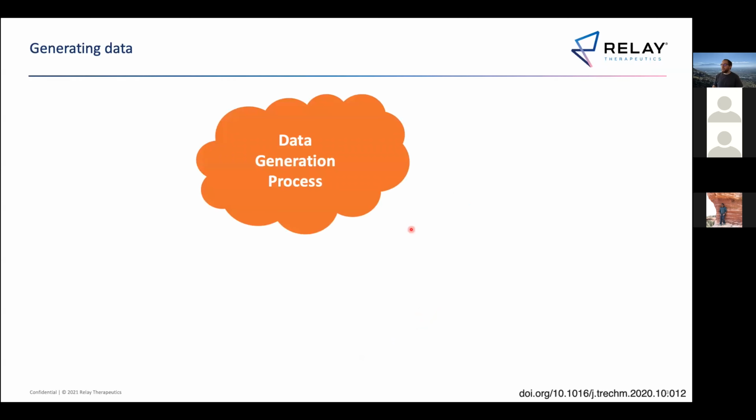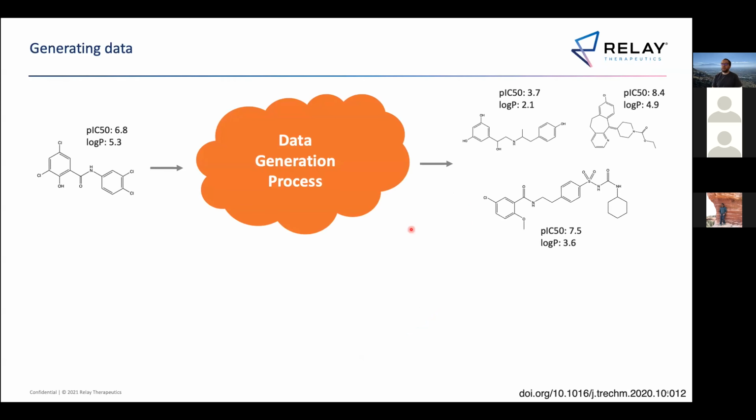So let's take a look at just a very generic data generation process. All I mean by this is that there's some black box, and labeled compounds go in, and then selected compounds come out that you then acquire labels for. This is one loop of the process. And the important thing here is that we can write down exactly the information that was going in, and we can write down the information that's going out and compute metrics on that to ask whether this process is actually improving the current state of the world.